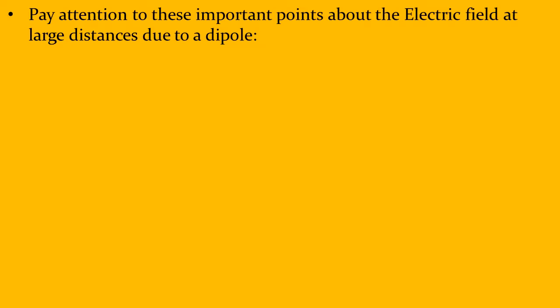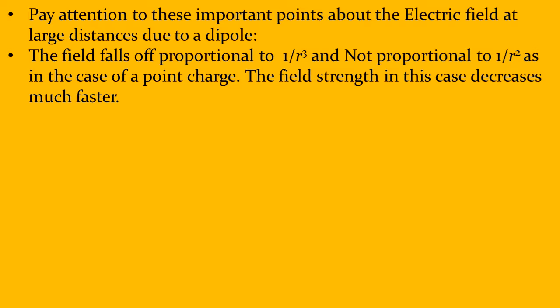Now there are some interesting and important points about the electric field at large distances due to a dipole. The field due to a dipole falls off proportional to 1 by r cube, and not proportional to 1 by r square as in the case of a point charge.